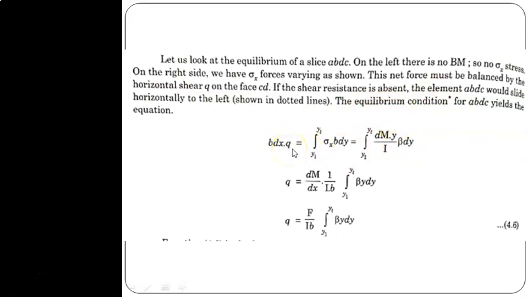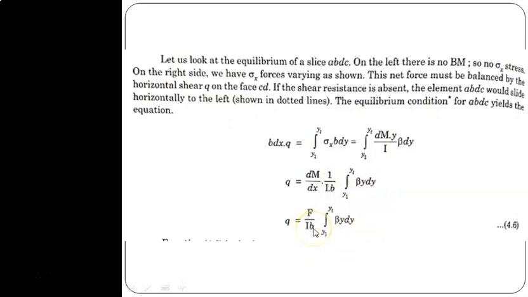We see that b dx q, this is nothing but the shear force on that slice, which is equal to the integration from y1 to y2 of sigma x into b dy, which is equal to the integration from y1 to y2 of dM y divided by I, times b dy. Therefore, q is equal to dM by dx into 1 divided by Ib into the integration of b y dy.